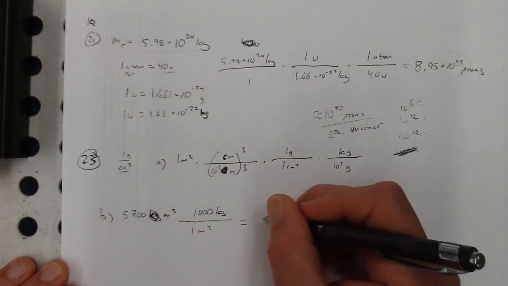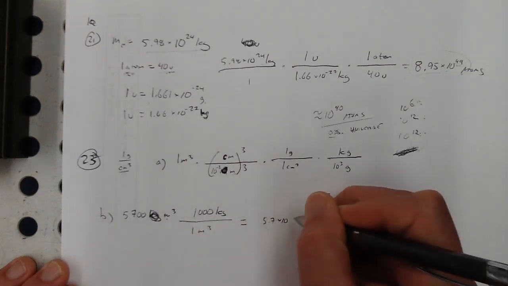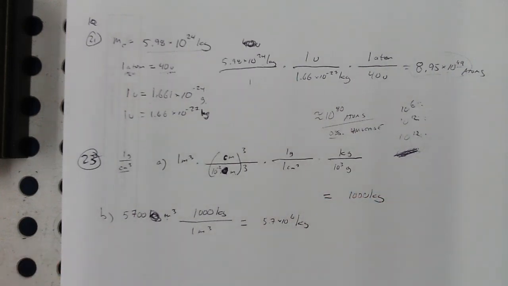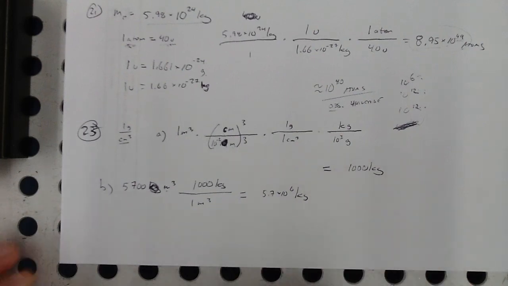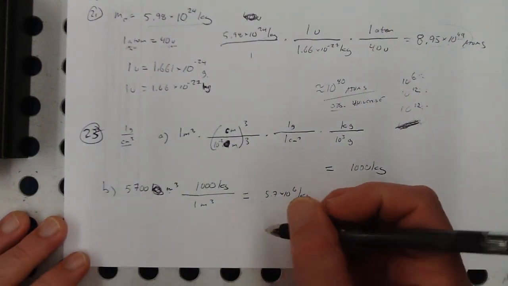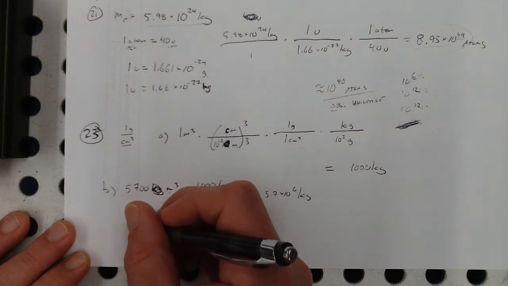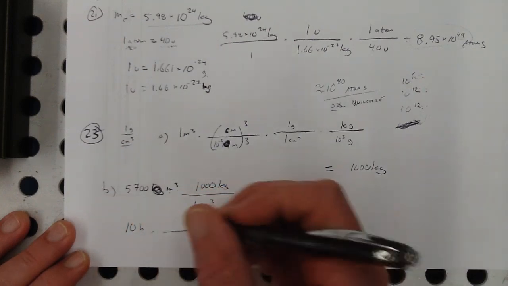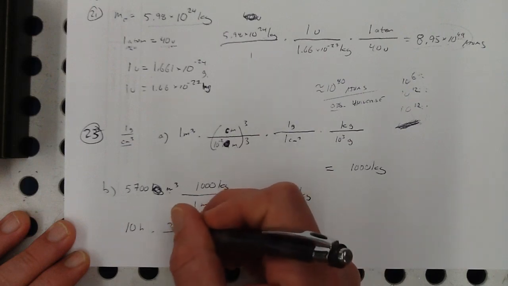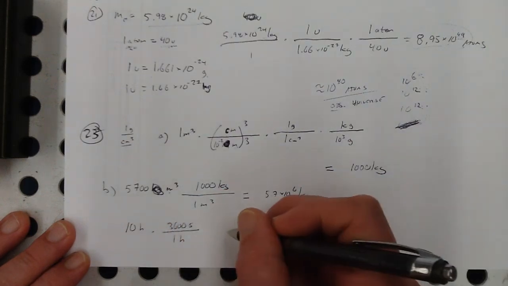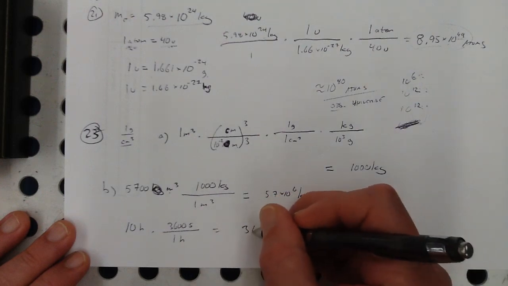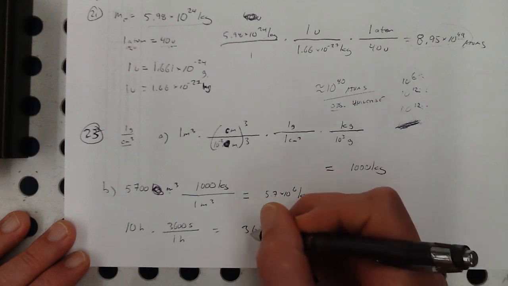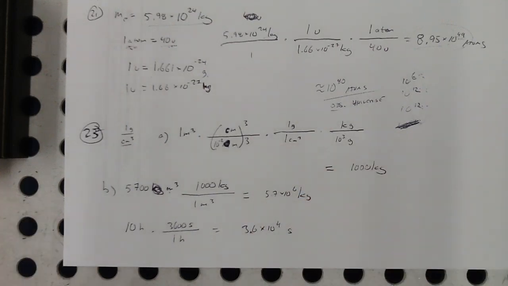So that's 5.7 times 10 to the 6 kilograms of water. And now how many seconds is that going to take? Well, it takes 10 hours. 1 hour is 3,600 seconds. So that's 36,000, or 3.6 times 10 to the 4th seconds.